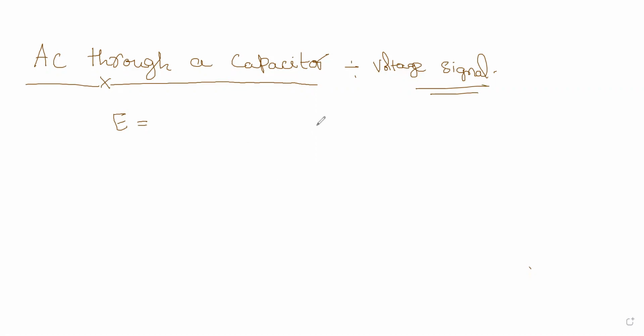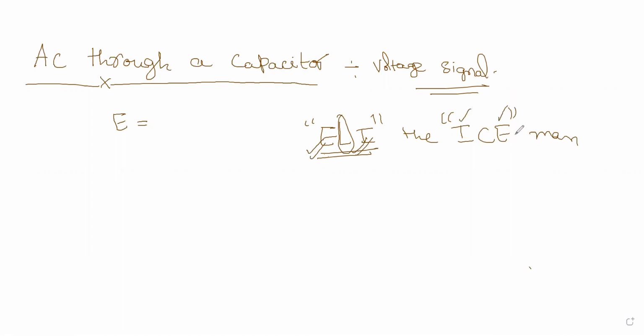Another thing I told you in the earlier classes is to remember the phrase "LI the ICE man". LI refers to the voltage leads current in an inductor, and ICE, the current leads voltage for a capacitor.